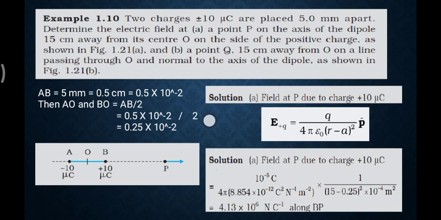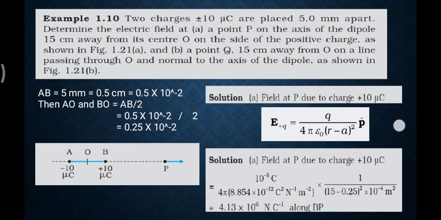E is equal to kQ by r square, but the r is modified to r minus a, because this r is from the center to this point, but the actual distance between this point and this point is this much, so you have to cancel this a part. This is r minus a.